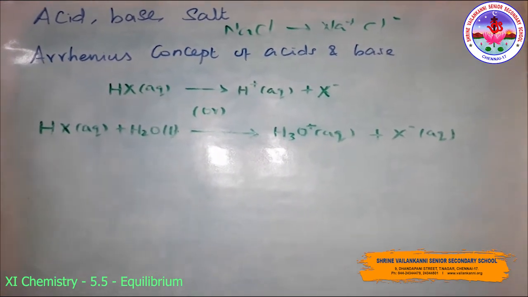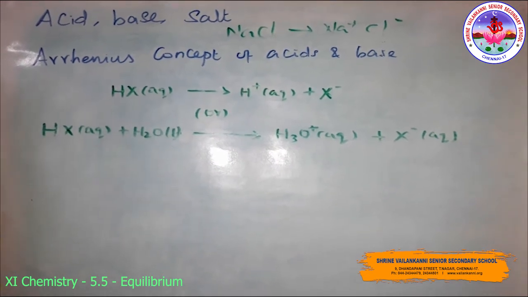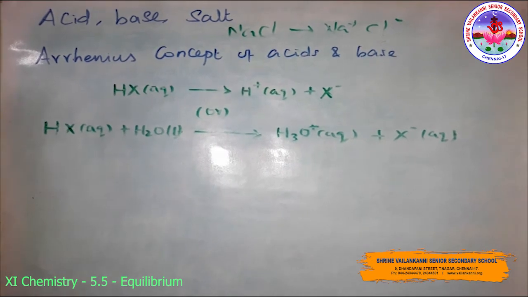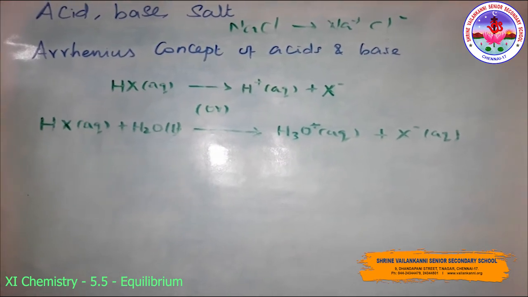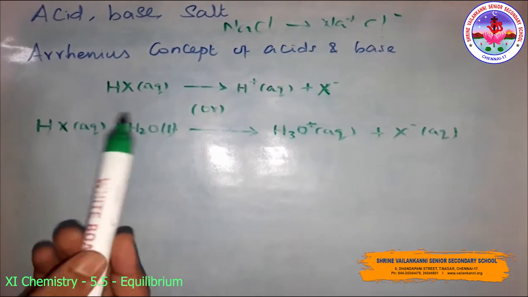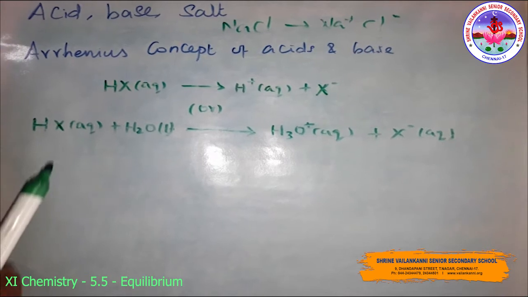Next is the Arrhenius concept of acids and bases. According to the Arrhenius theory, acids are substances that dissociate in water to give hydrogen ion, that is H plus aqueous, and bases are substances that produce hydroxyl ion. Look at this.